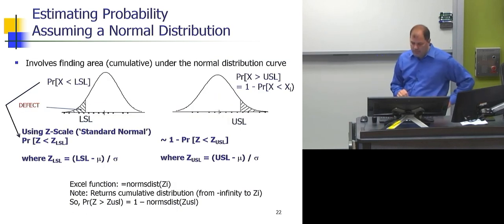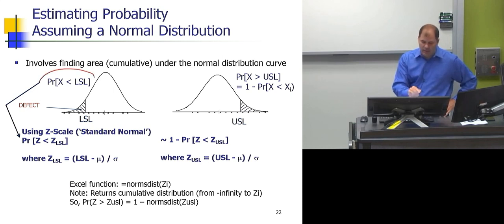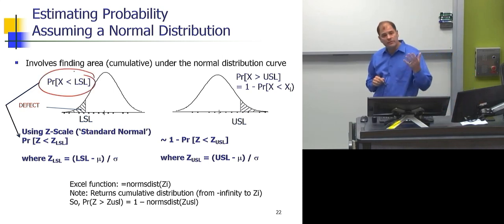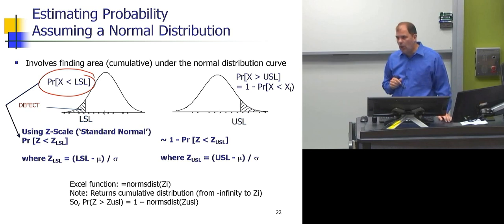As a reminder, in order to get a z value, if I wanted to look at the probability that I had some unit below my lower spec limit, I would calculate a z-score using LSL minus mu over sigma.